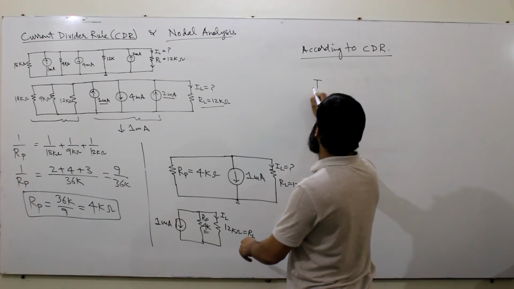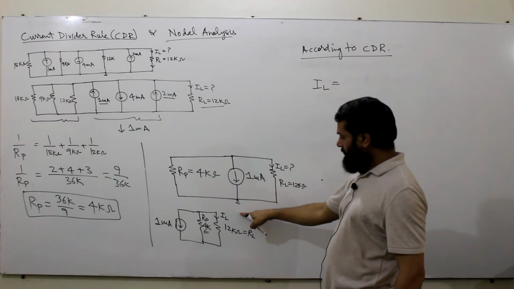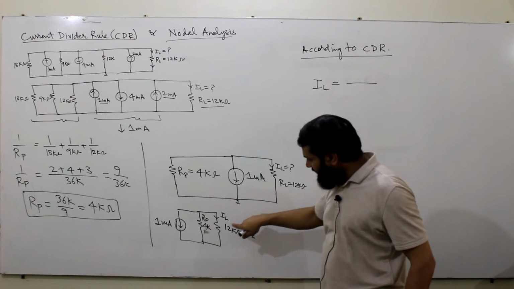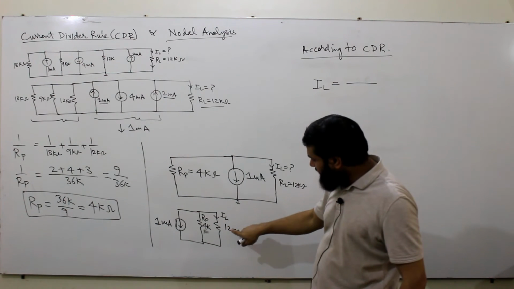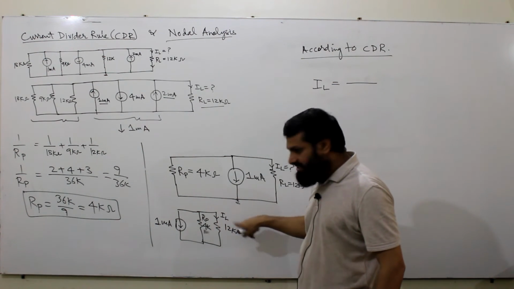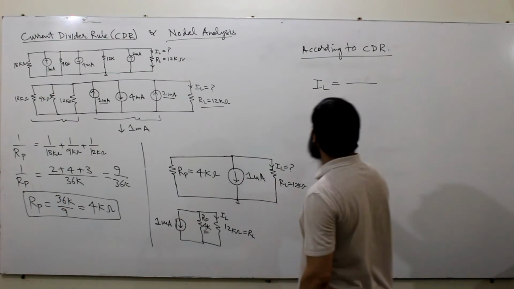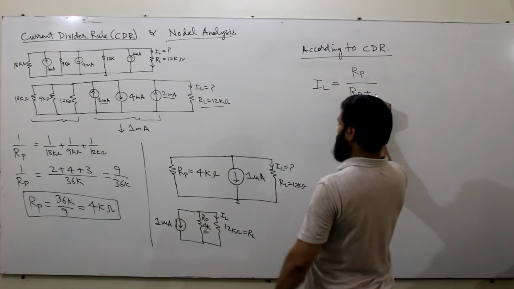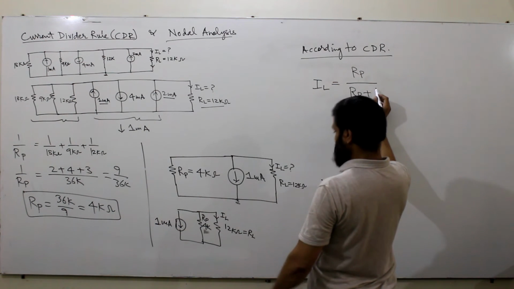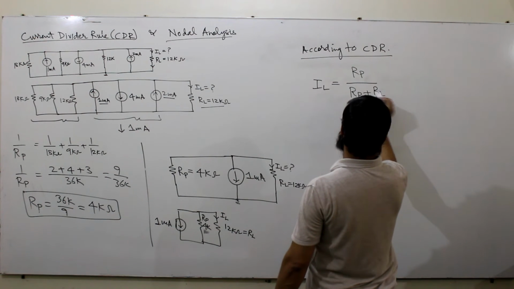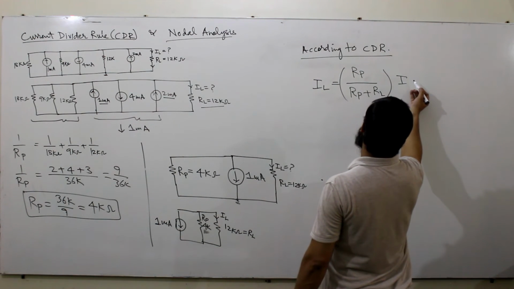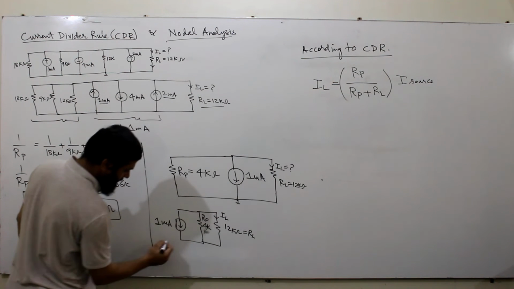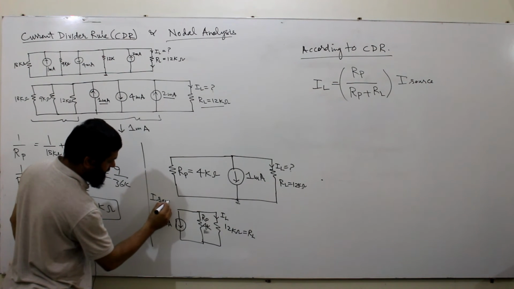When we have to find the current in any branch connected in parallel, since we have to find the current in this branch, we will not write the resistance of this element, rather we will write the opposite, and the opposite one is Rp divided by total resistance of the whole circuit, into I. You can say, if you want to give it a name, let's say this is I source at the moment.